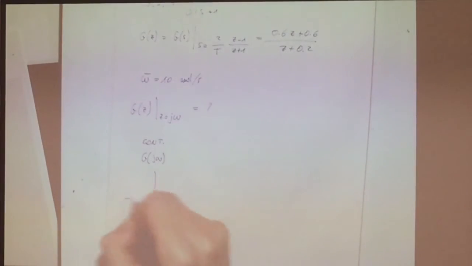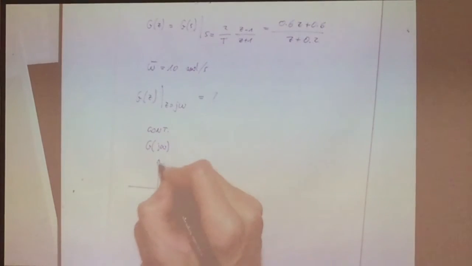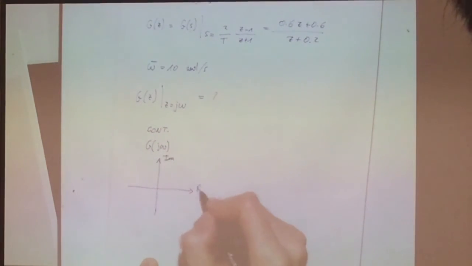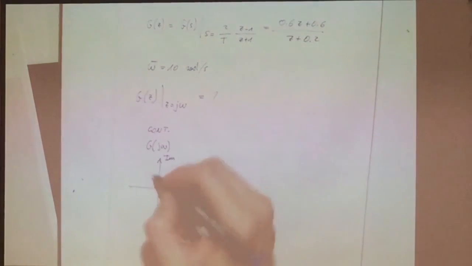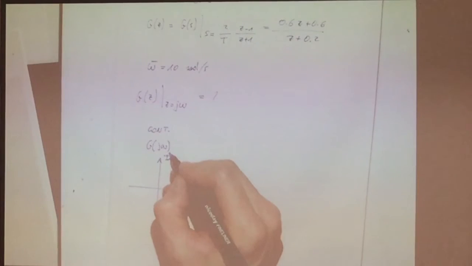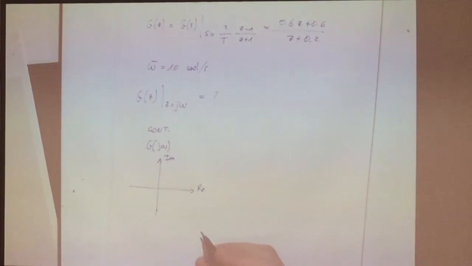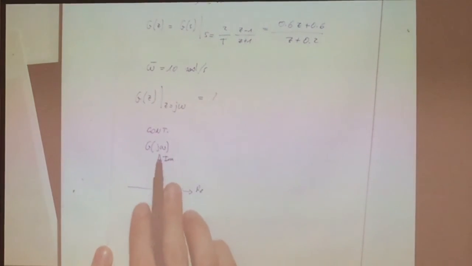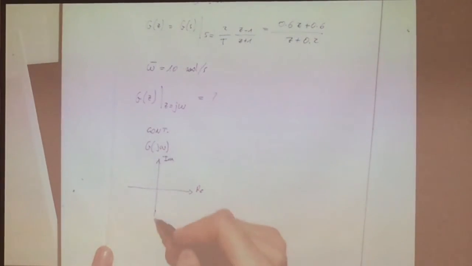Okay, so why do you compute G of j omega? Well, if you draw a complex plane, and you have the imaginary axis here and the real axis here, what is j omega in a complex plane? Well, omega is a frequency, a real number. j is the imaginary unit. So this is a purely imaginary number, which means it's on the imaginary axis.